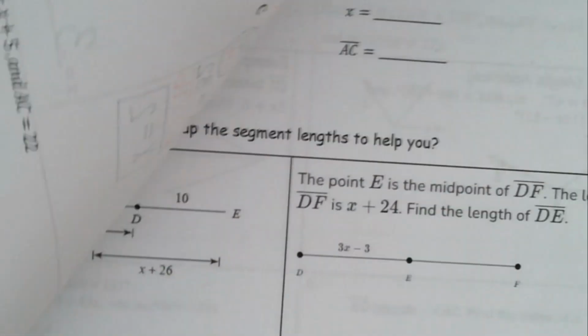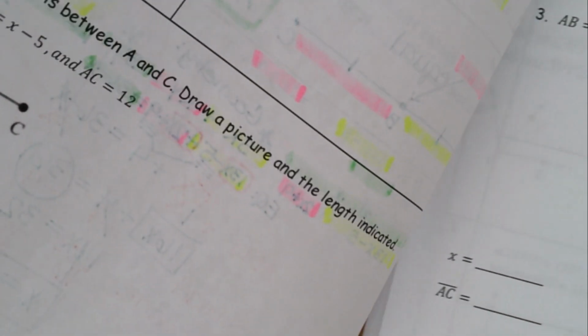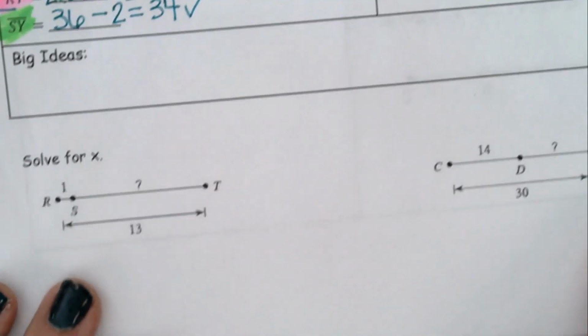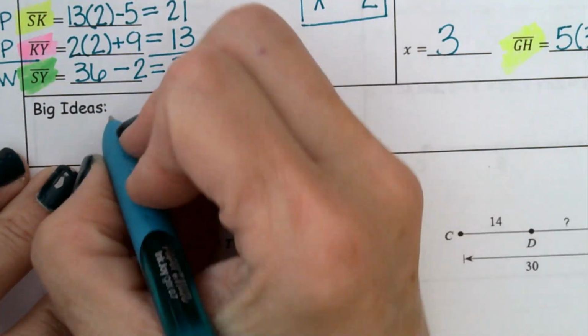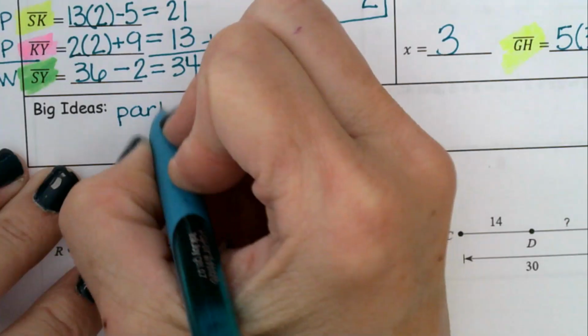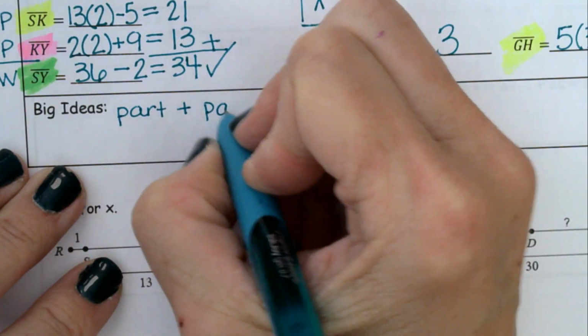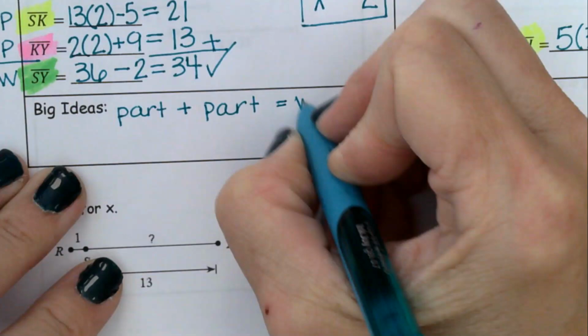Yeah? Here's what I want to do. I don't want to do every single one of these examples that are left. I do want to move a little faster. So some big ideas before we get going. Part plus part equals the whole thing.